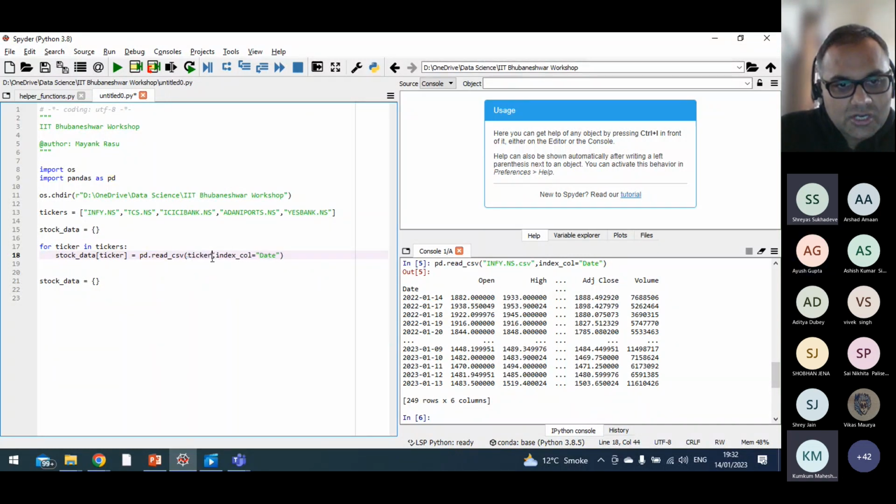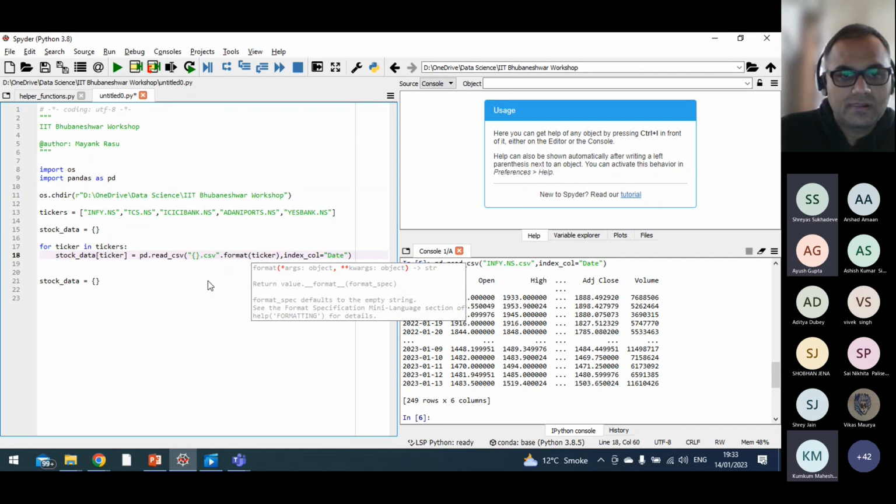Now we have to give .csv here, right? You can either do plus .csv, which is string concatenation, or better yet, let me use the Python format function. So the name of the ticker placeholder .csv .format(ticker).